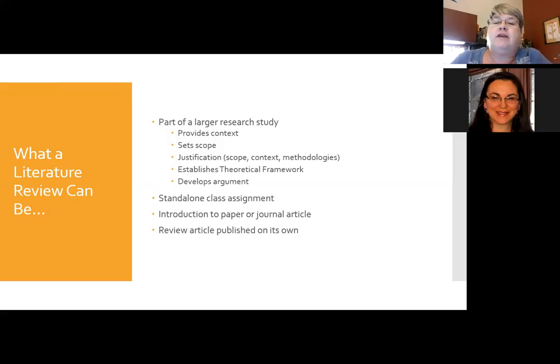It provides justification for your search, or for your research. So if you've got your research questions and maybe some sub-questions, or your thesis question, your thesis topic, this can help to say, well, because of this, this is why my scope is the way it is, or this is the context that I've provided, or these are the methodologies that I've used because these have been successful in other areas.